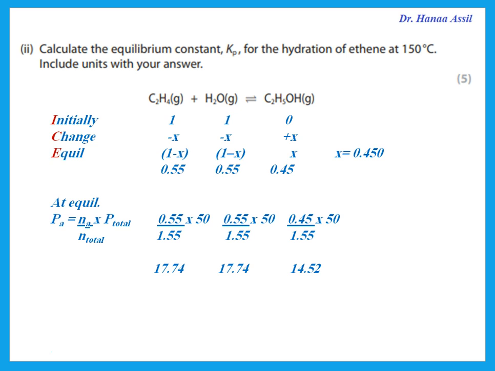So I can get the partial pressure of each one and use that value to get the value for Kp, which is partial pressure of ethanol over the partial pressures of the reactants multiplied by each other. So I get Kp is 0.0461.